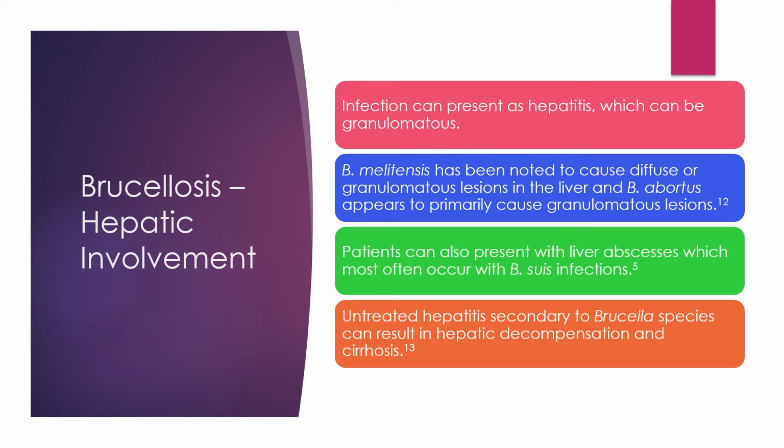And other things of note is that liver abscesses have been described with Brucella suis, and untreated infection due to Brucella can result in hepatic decompensation and cirrhosis. So the diagnosis needs to be arrived at and the underlying infection treated as soon as possible.